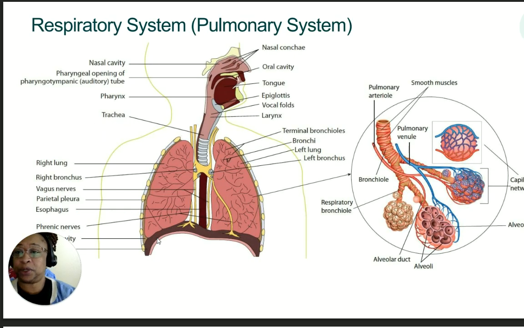Now here's the respiratory and pulmonary system graph. Here we have a breakdown starting at the nasal cavities, the oral cavities, the tongue, the larynx. We have the pharynx, the trachea, right lung, left bronchus, right bronchus, the esophagus, and many other areas that are part of the respiratory system.